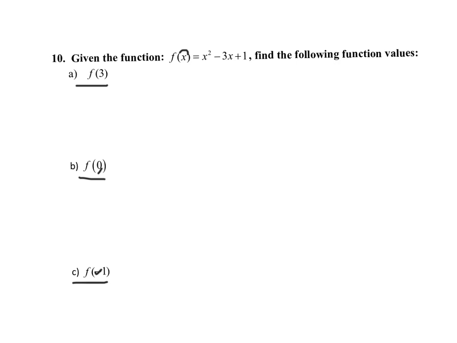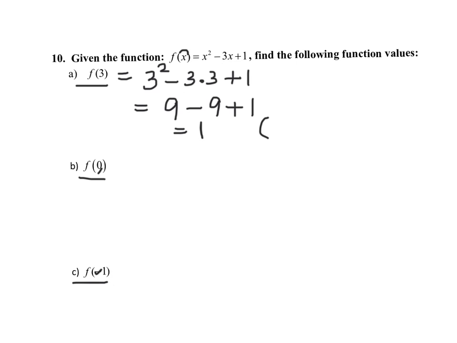So we're going to replace our x with 3. Instead of x squared, we now have 3 squared minus 3 times 3 plus 1. And that would be 9 minus 9 plus 1, which is 1. So f of 3 is equal to 1.